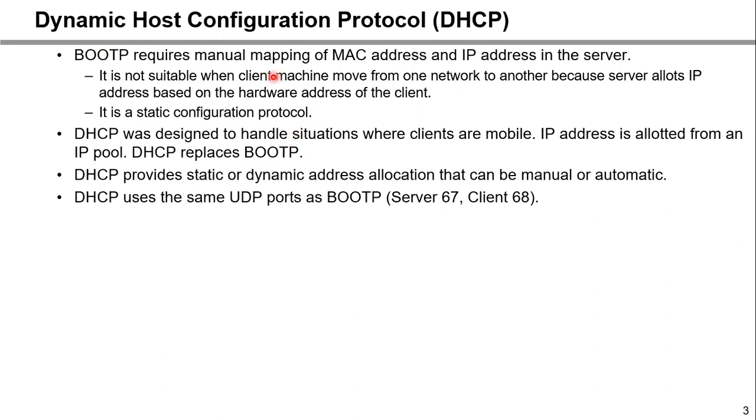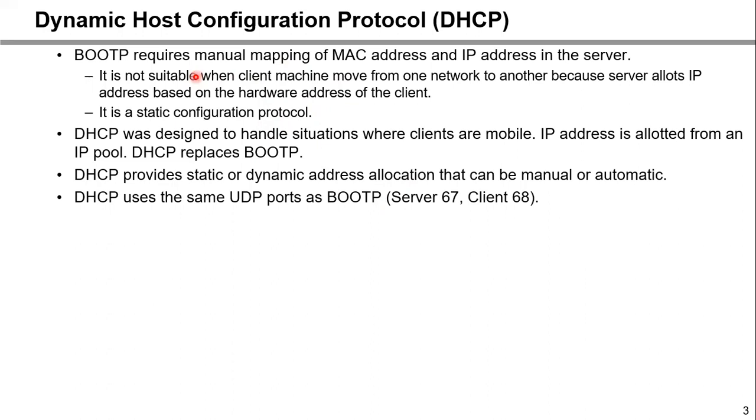But for that, you should have every machine's MAC address. BOOTP requires the MAC address, and then it can assign the IP address. So the BOOTP server stores the machine's MAC address, and then assigns the IP address to that particular machine. Now, this was the basic requirement of BOOTP.